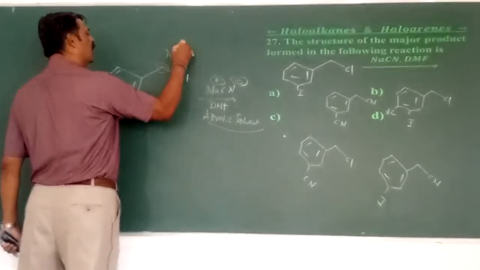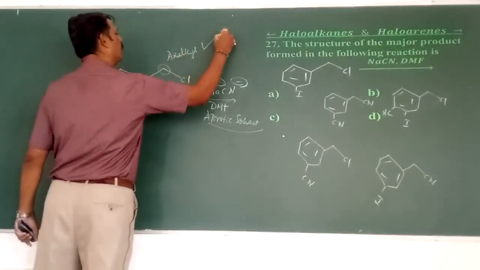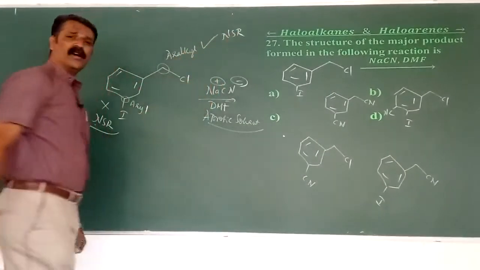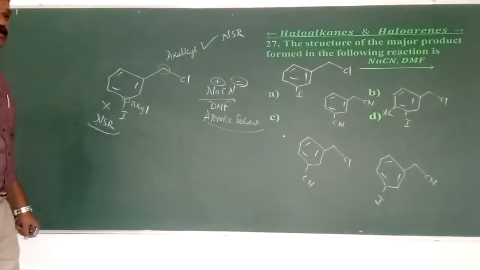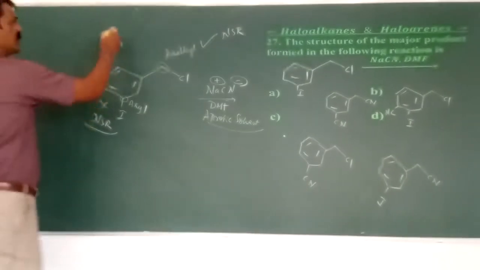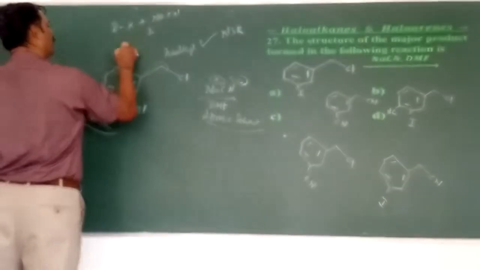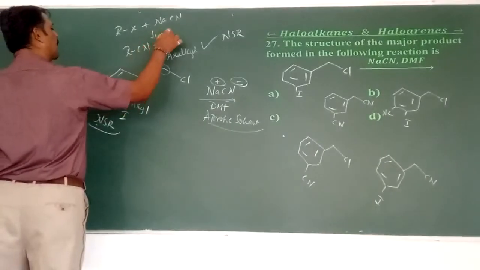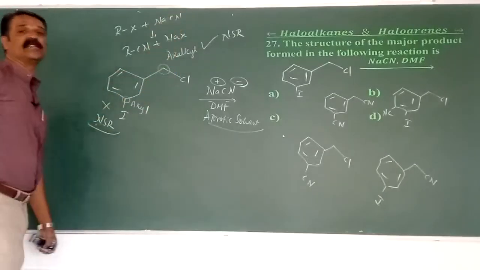But this is alkyl. Alkyl readily undergoes SN reaction. So the nucleophile here replaces Cl minus. Just RX with NaCN gives rise to RCN plus NaX. Means instead of X we have to put the CN.